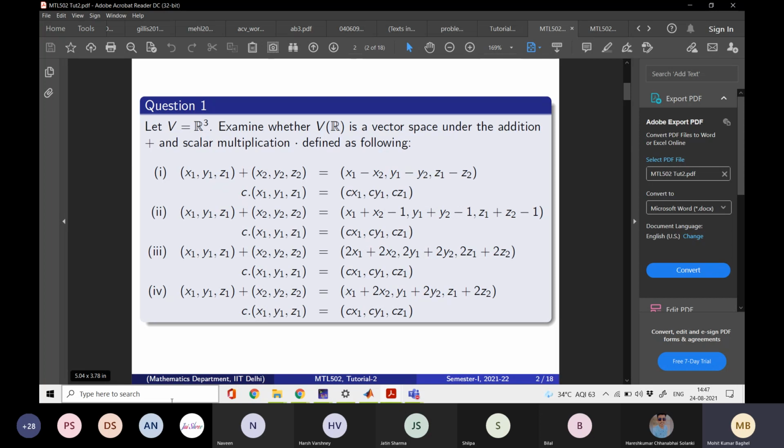The fourth one is (C1 plus C2) times the vector x equals C1x plus C2x. They are saying this is not satisfied.